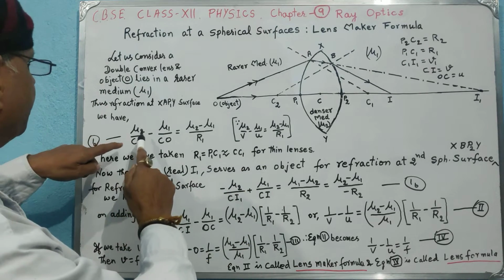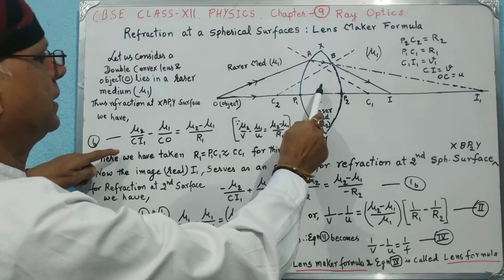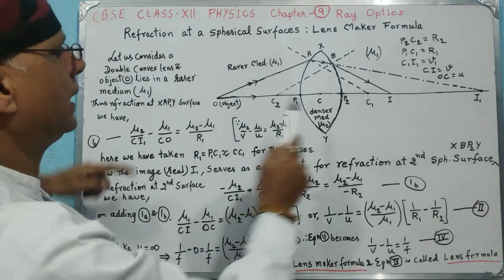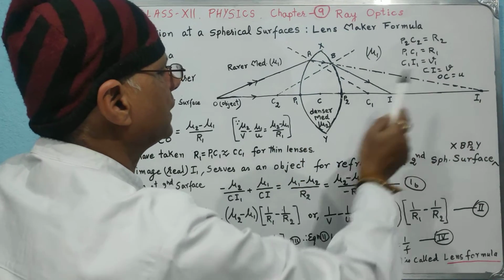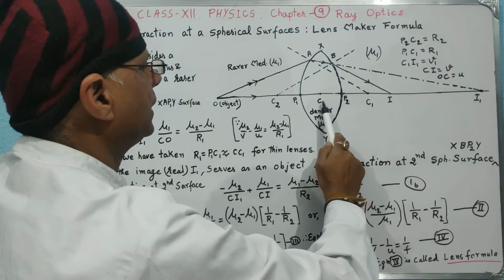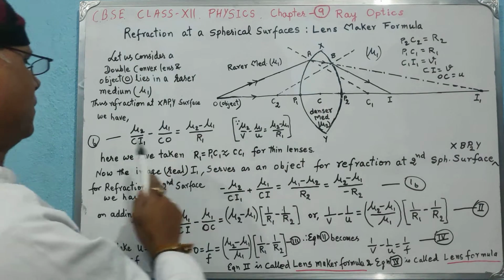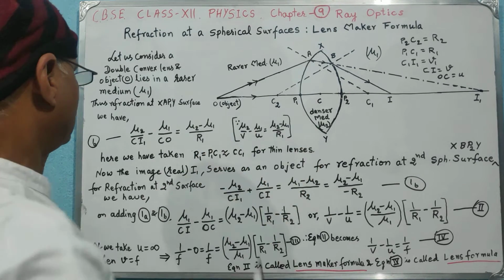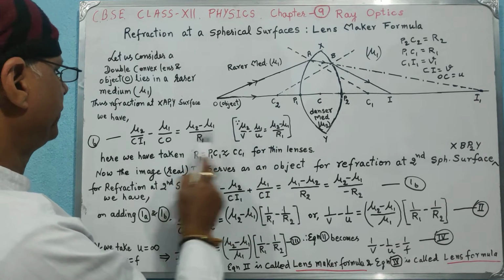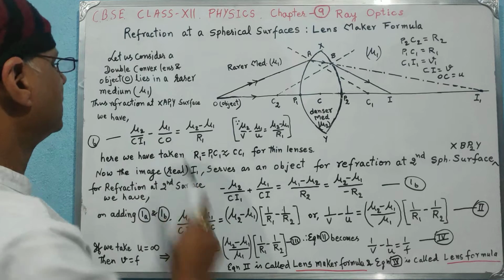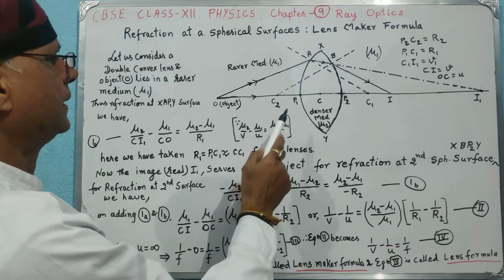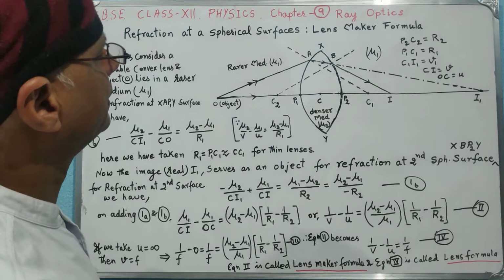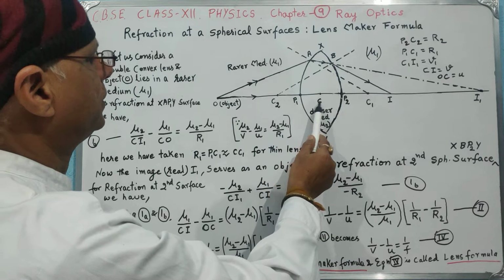Here you see mu2 is the refractive index of the second medium, the denser medium, and it is divided by the image distance, that is CI1. Again we have approximated this, so CI1 is the image distance. Now what is CO? CO is the object distance, the distance of the object from the center of the lens. So for u we have written CO, and for v we have written CI1, and the radius of curvature is taken to be R1 for the first refractive surface, that is, for CC1.